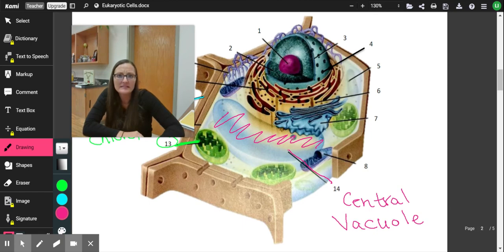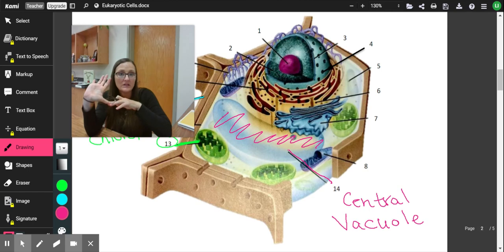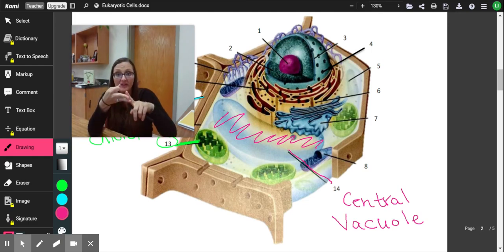Okay, I don't see any other differences that I need to label. It still has a membrane. It still has mitochondria. It has a smooth ER, a rough ER, a nucleus, free ribosomes, attached ribosomes, a Golgi apparatus, cytoplasm. It has all of these things. It just also has a cell wall, chloroplast, and a central vacuole.